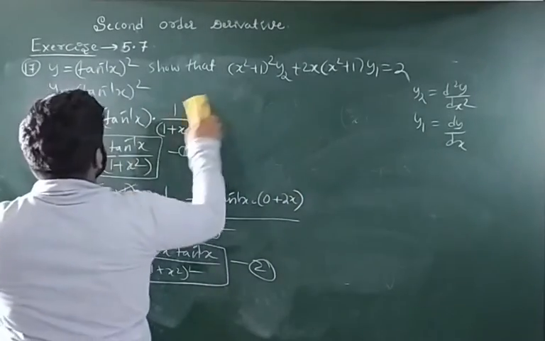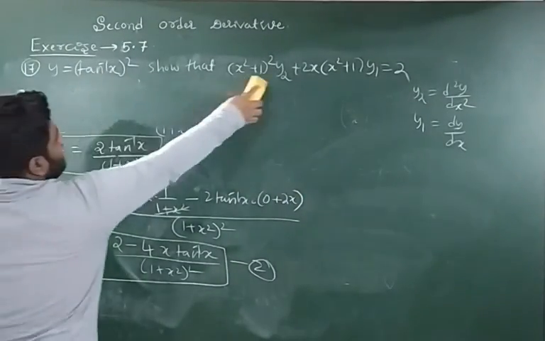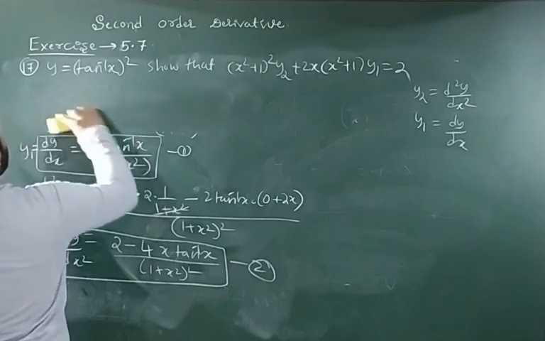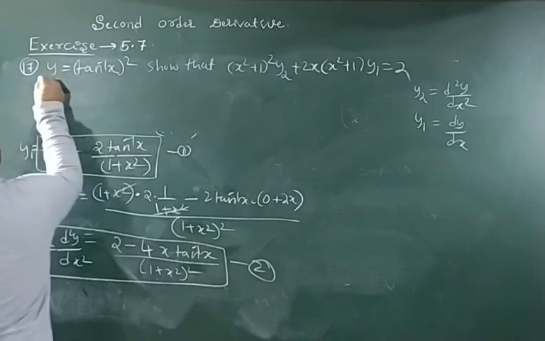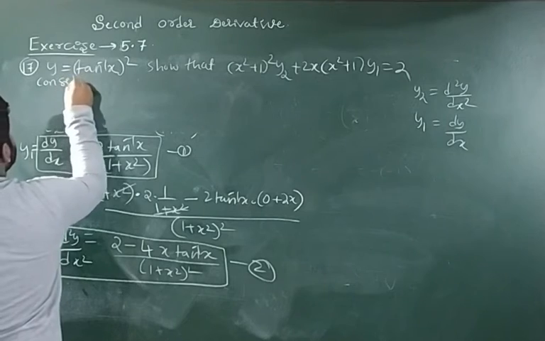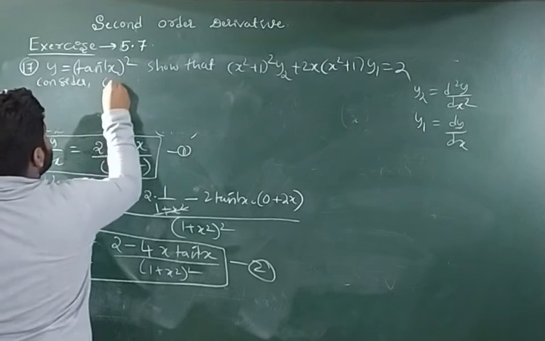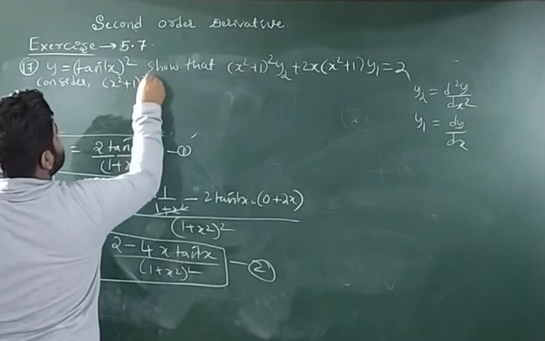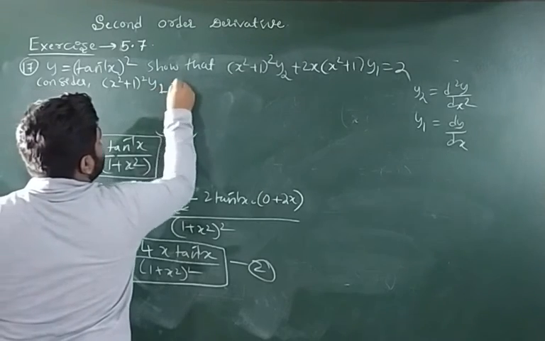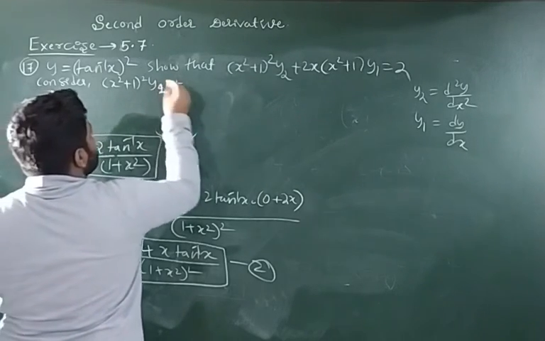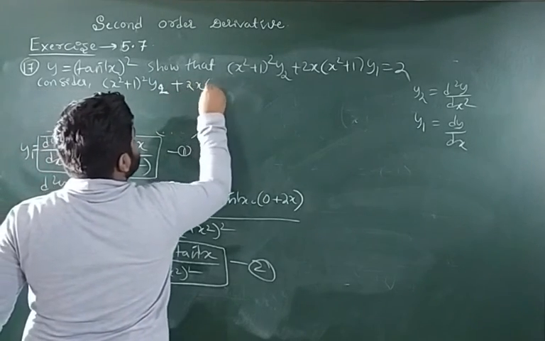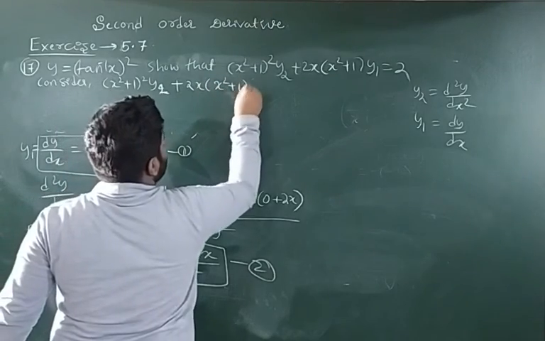What are we given with? We are given with this equation. Consider the LHS of this equation: (x square plus 1) whole square y2 plus 2x into (x square plus 1) y1.